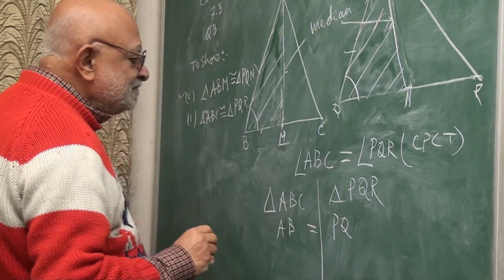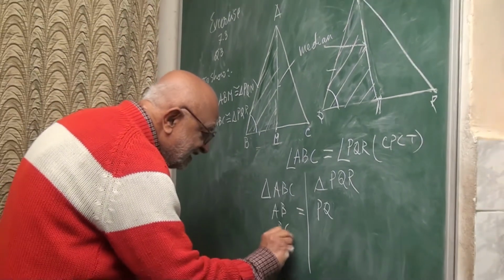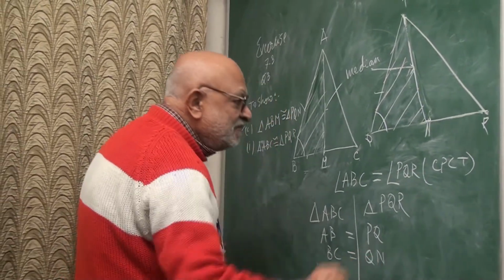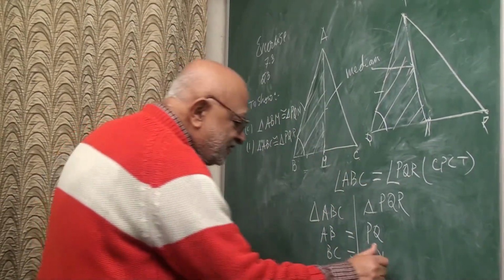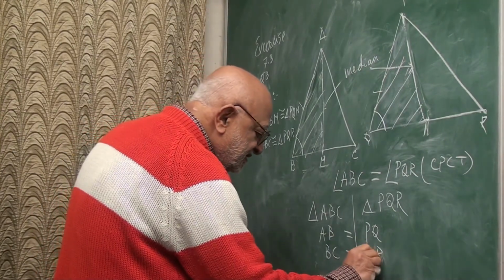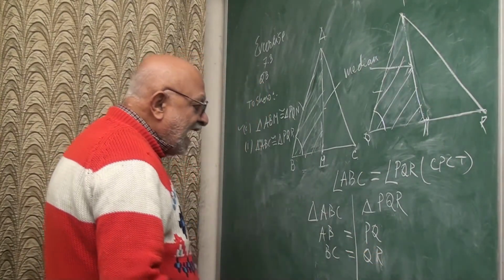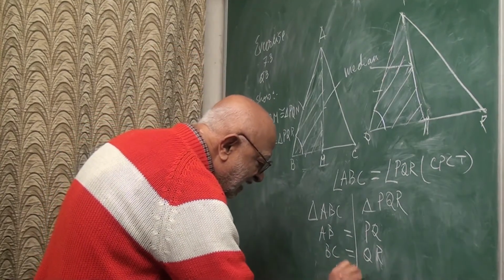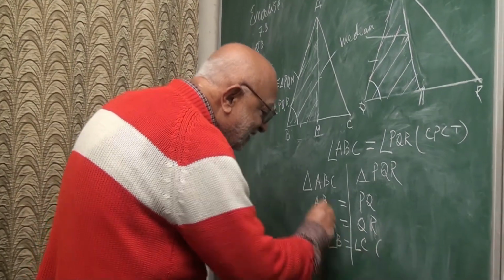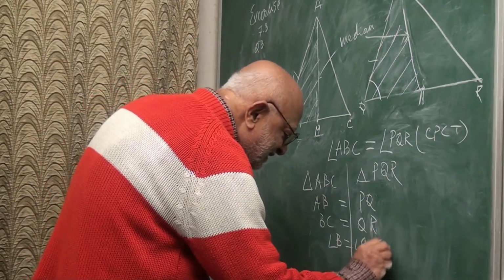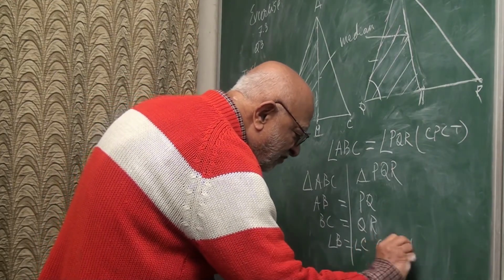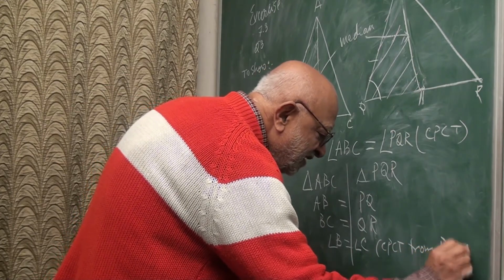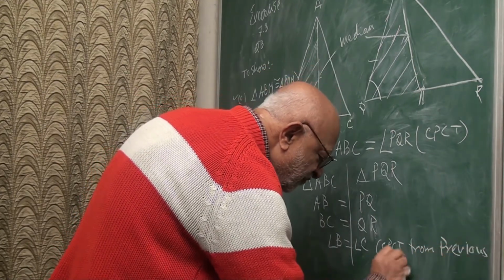BC is equal to QR, that is given, and I have just proven angle B equal to angle Q, that is again by CPCT from the previous proof.